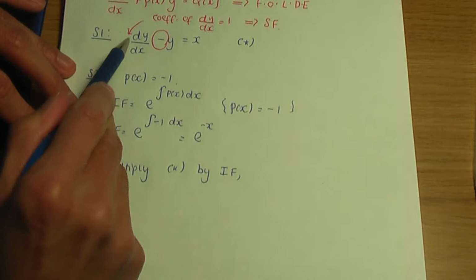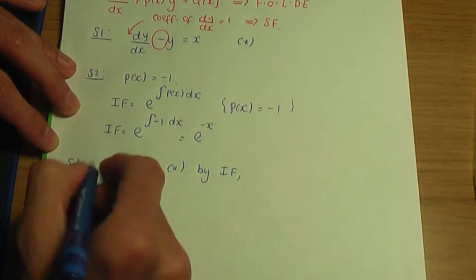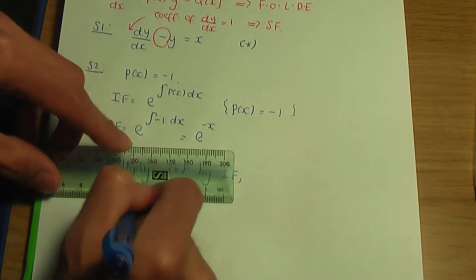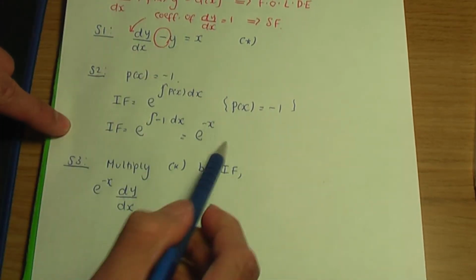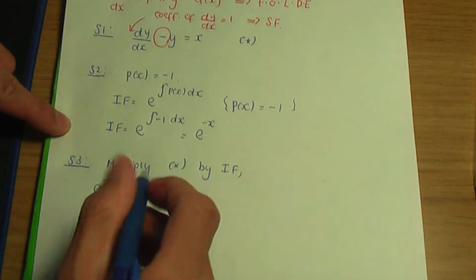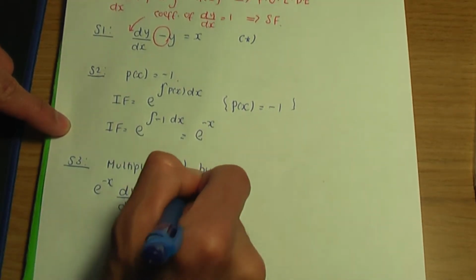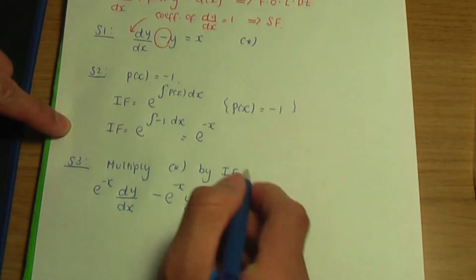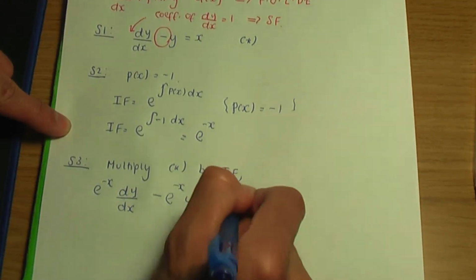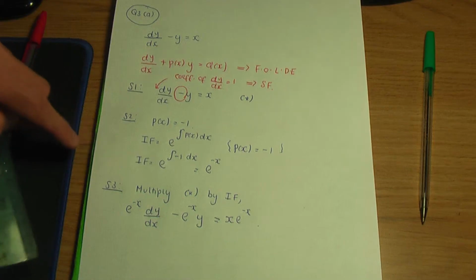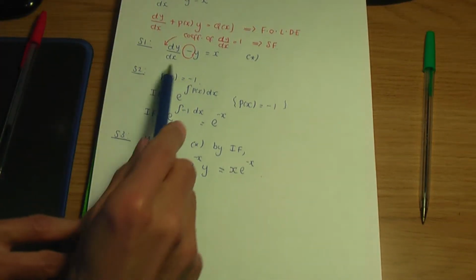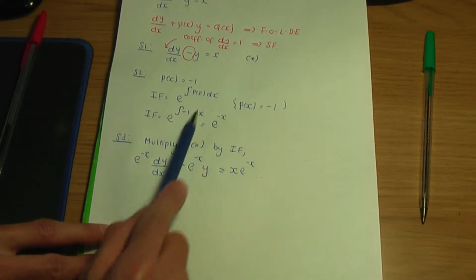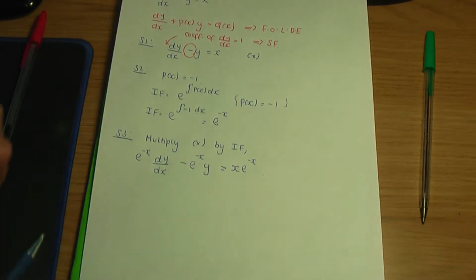So e to the minus x times dy over dx, that is e to the minus x dy over dx. E to the minus x times minus y, that is minus e to the minus x y, and that is equal to x times e to the minus x is x e to the minus x. So remember, multiply every single term in your equation star by IF, which is e to the minus x.